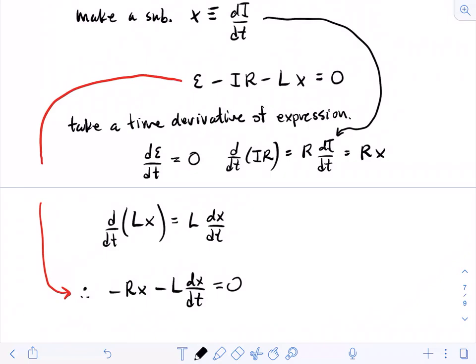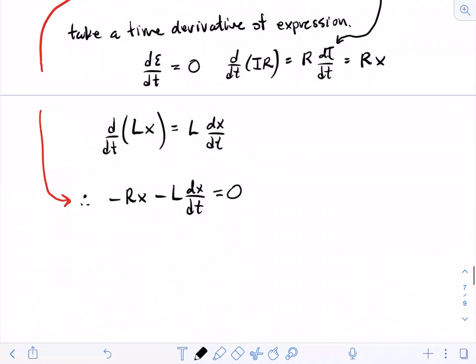And that still has to be all equal to 0. All right, so let's try to solve this equation for x. We'll have L dx/dt is equal to minus Rx.